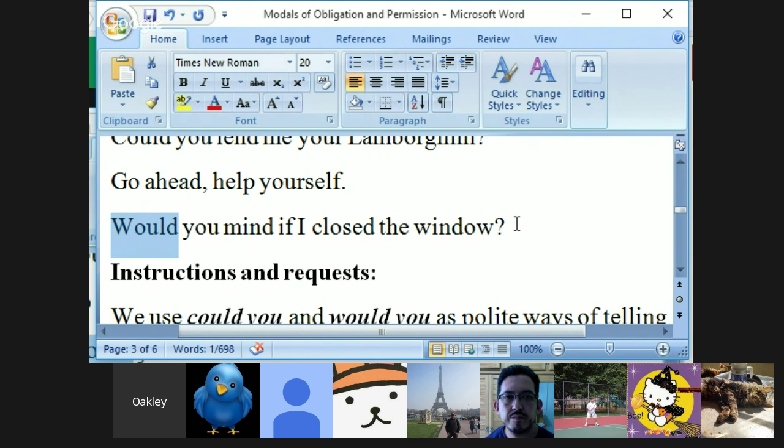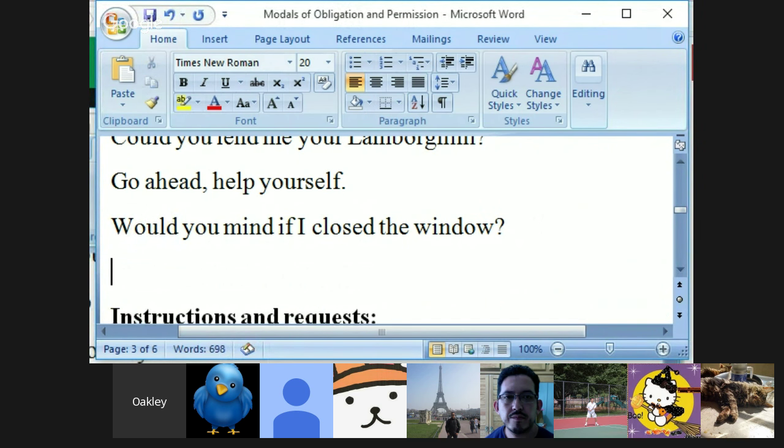Well, okay, we can look at it from the perspective that I haven't closed the window yet, so it's unreal. Really, it's also because I'm using would. It's basically because the question's in the subjunctive mood, and we tend to use backshift, and we tend to use would because it's not real.